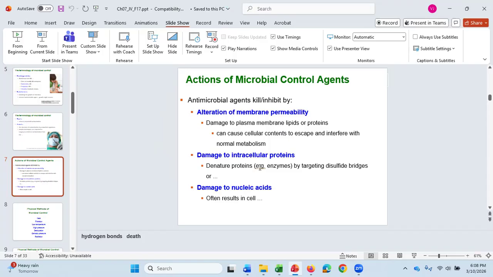And then the third way that an antimicrobial agent can kill microbes is to damage the nucleic acid. If you damage the DNA's nucleic acid, oftentimes the cell or virus will stop replicating. Any question about any of that?